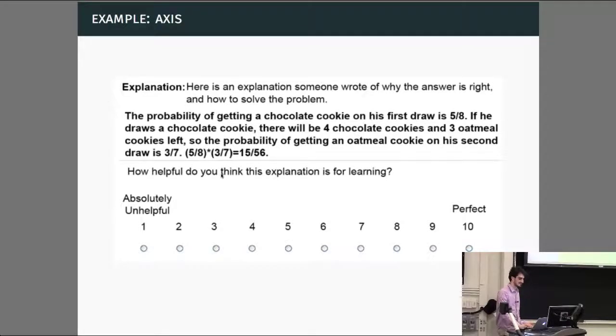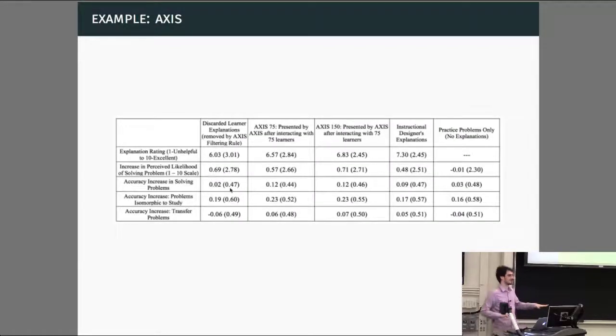Oh, sorry, actually, not a random policy. One thing I didn't mention is that they filtered out bad explanations using some deterministic rule, like if the explanation is too short. Again, this is up to the user how they want to define this. But they said for some explanations we have prior knowledge that they're just bad, so we're going to disregard them. We're not even putting them in the multi-arm bandit.